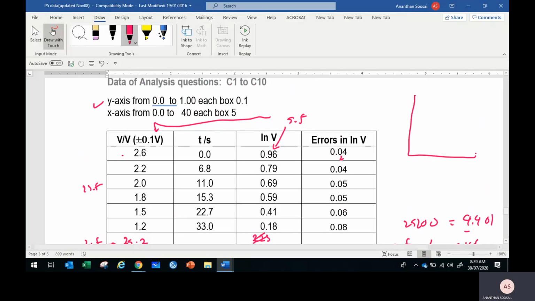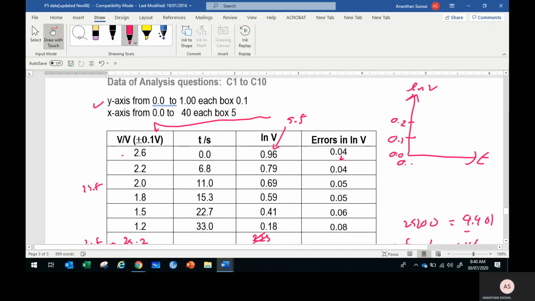Because your y-axis is ln V, ln V starts with 0.0, and every one box must be 0.1, then 0.2 and so on. In the case of T, again start with 0.0.